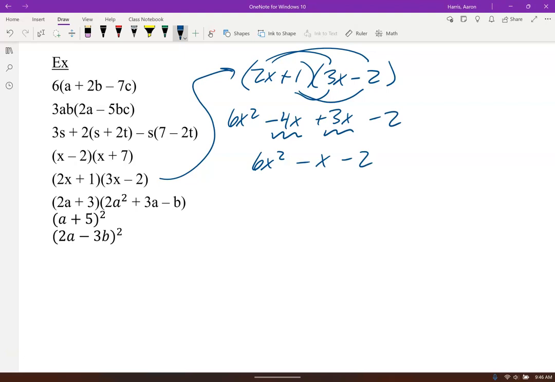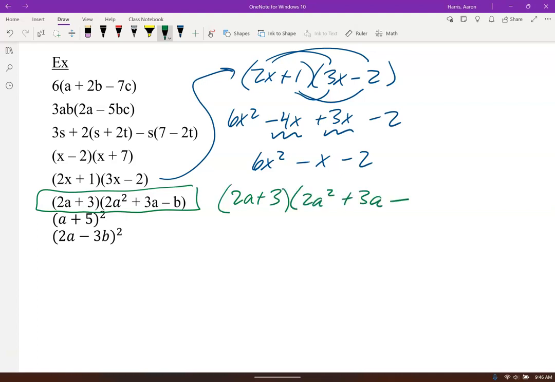And now let's do this one right here. 2a plus 3 times 2a squared plus 3a minus b. So first I'm going to take the 2a through to all three of those. Then I'm going to take the 3 through to all three of those. So 2a times 2a squared, this one times that one first would give us 4a times a squared, 4a cubed.